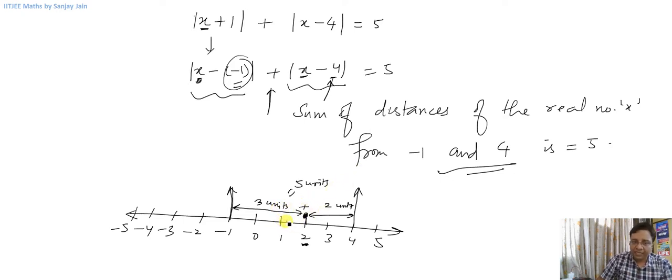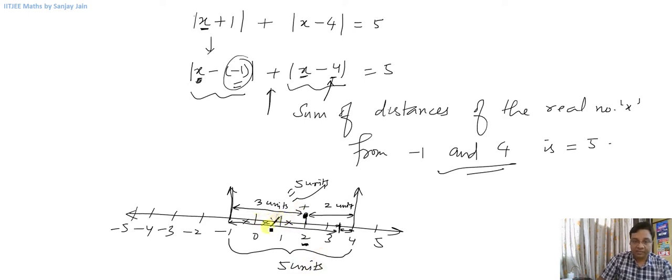Now if you look at any number between -1 and 4, let us say we look at this number, this distance and this distance is again going to be 5 units, right? Why? Because the distance between -1 and 4 itself is 5 units. You can divide it into any two distances by taking any point here.